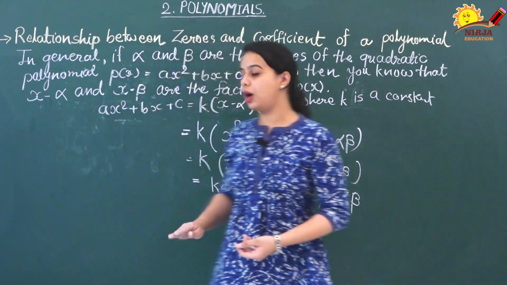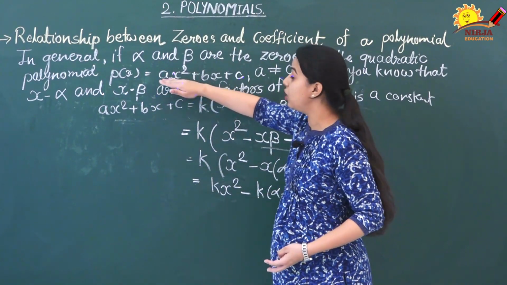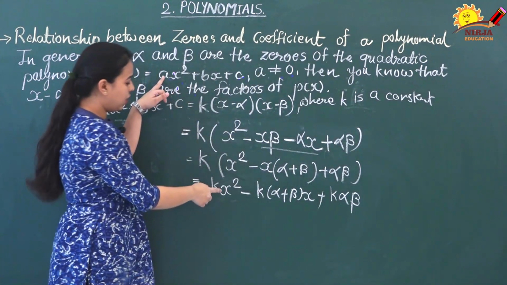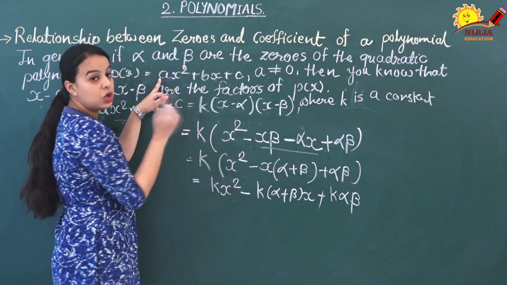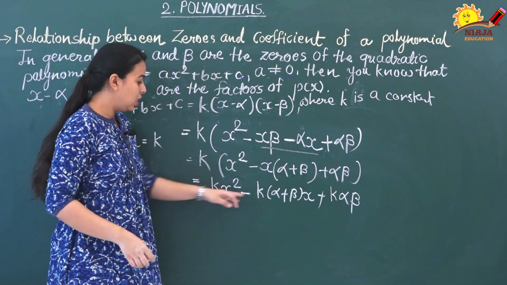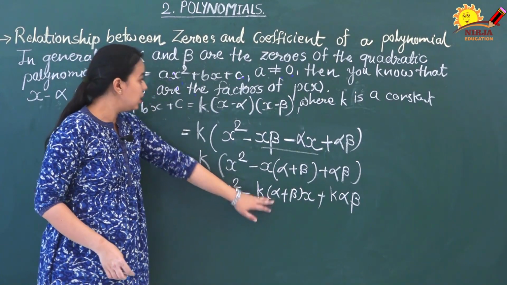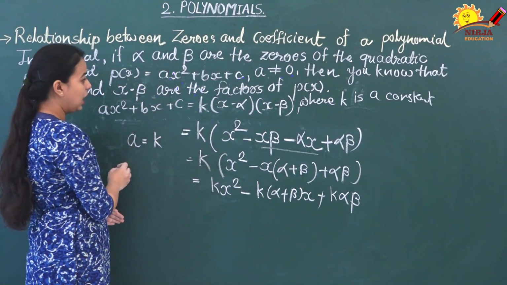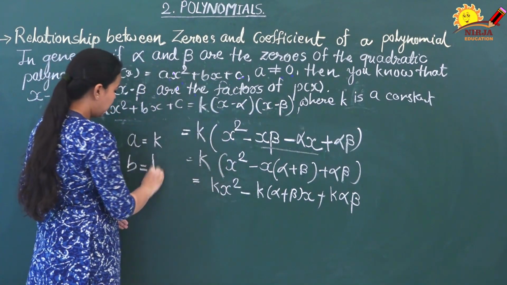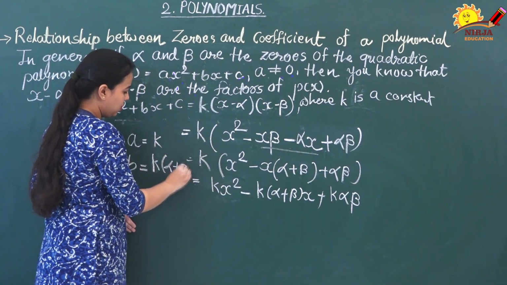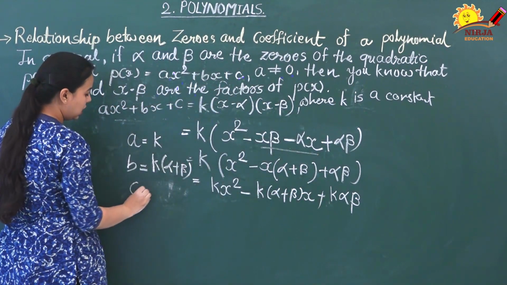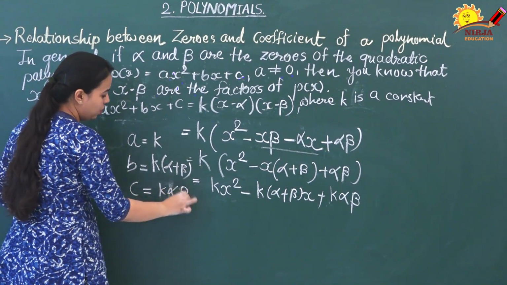Now we are going to compare this with our polynomial ax square plus bx plus c. If we compare the first terms, kx square and ax square, you will find that a is equal to k, right? For the coefficient of x, we will write b is equal to k into alpha plus beta. And if we compare the constant term, we will get c is equal to k into alpha into beta.